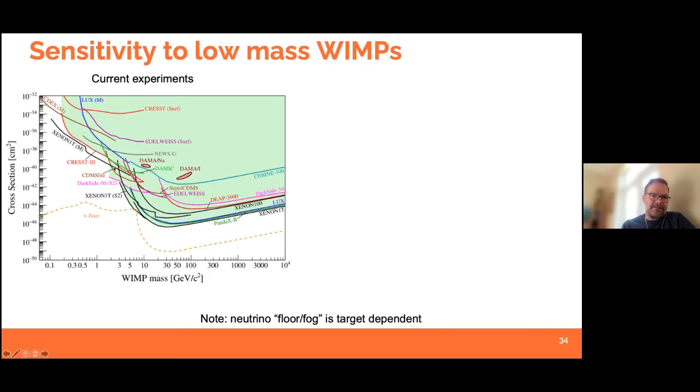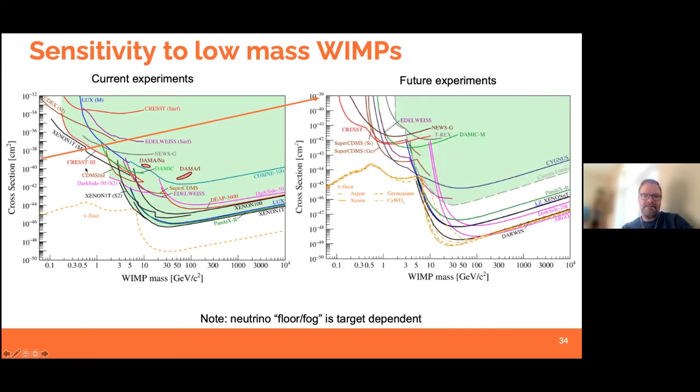But then here you have these experiments like CREST, Edelweiss, CDMS coming in, which become more sensitive for the small WIMP masses, but it's still at much larger cross sections, yeah. And one big reason for that is also just the size of the targets that one can produce.